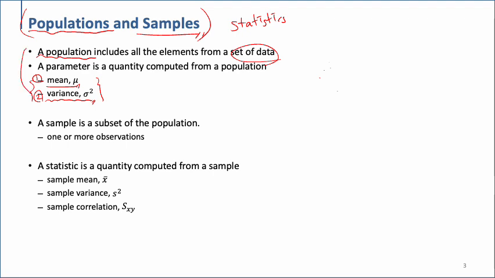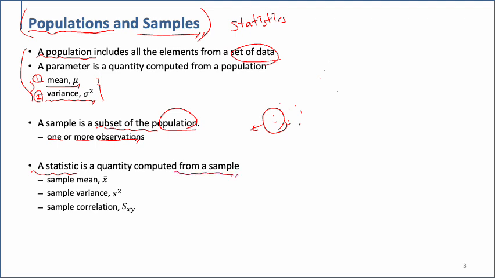On the other hand, a sample is a subset of the population. So from the population, you take some data, and that could be a sample. One or more observations could be a sample. And a statistic is a quantity computed from a sample.